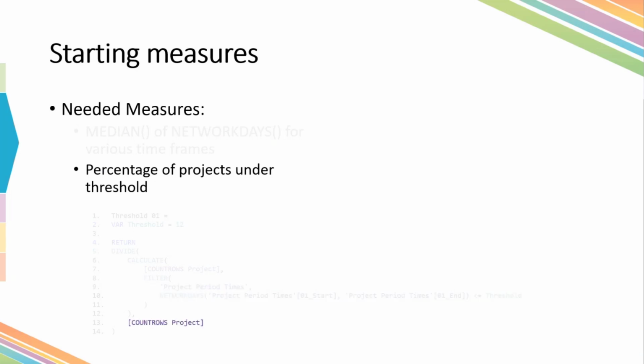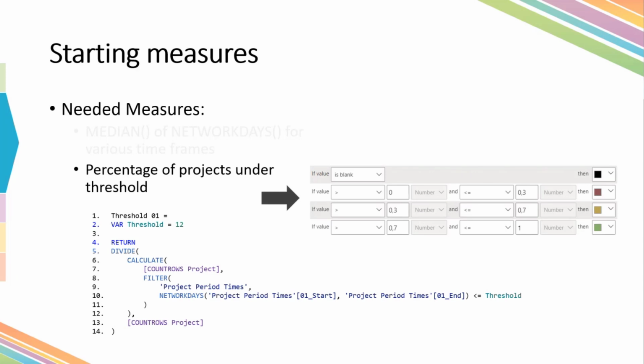And this is divided by the total number of rows in the table. And then that gives a percentage. For example, 0 to 30% would be a red KPI, a red formatting, 30 to 70% yellow, and 70 to 100% green. If the value turns out blank, that would be black.